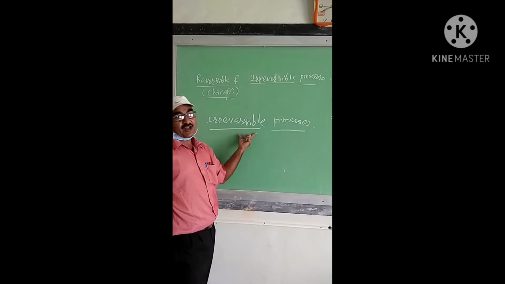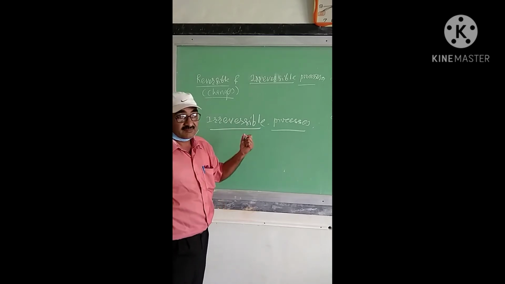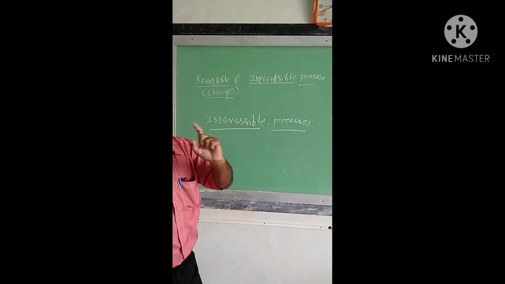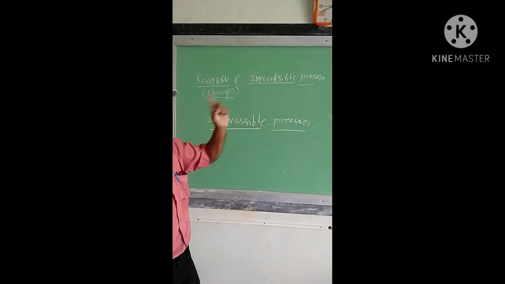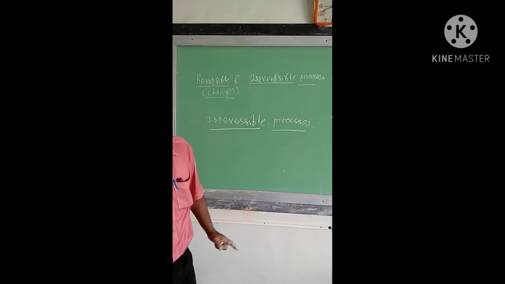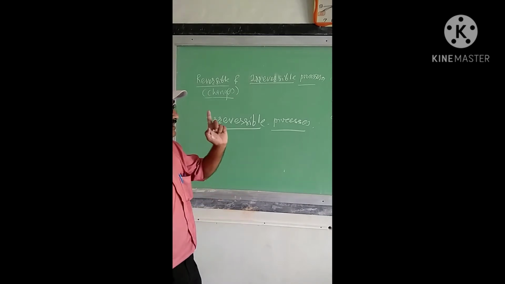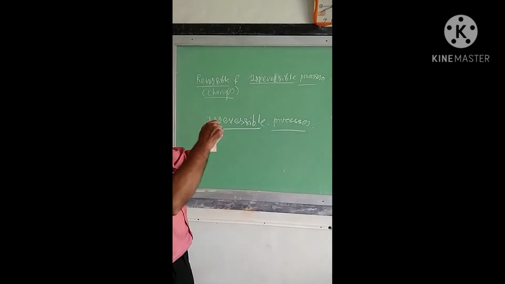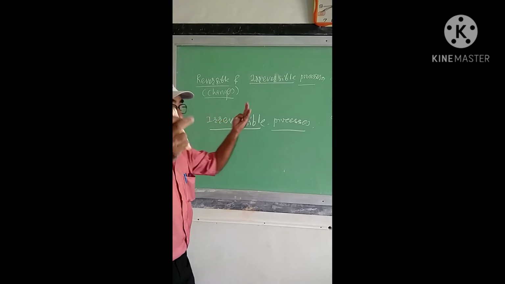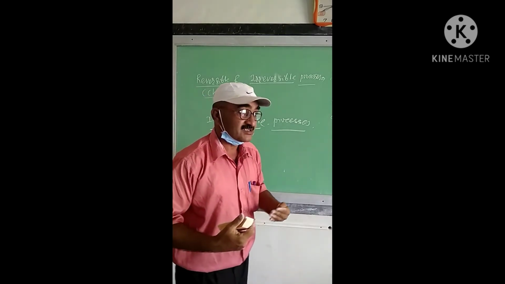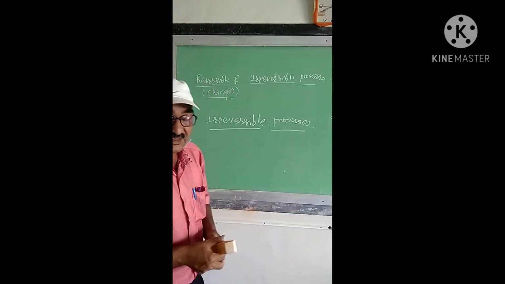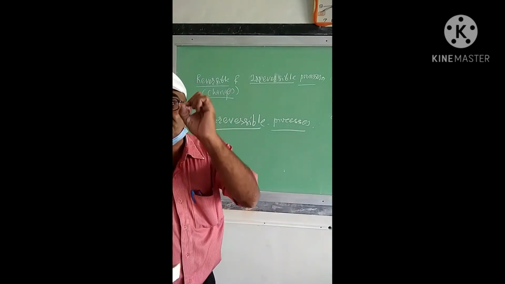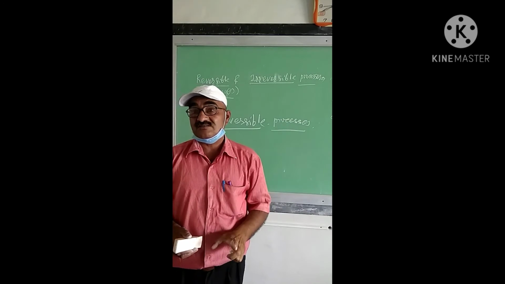It is also a thermodynamic process which cannot be retraced in the opposite direction exactly along the same path, and the system cannot be brought back to its initial condition. It is called an irreversible process.